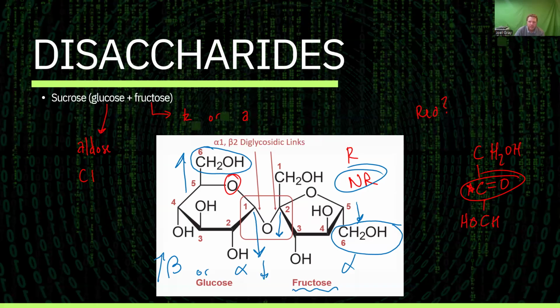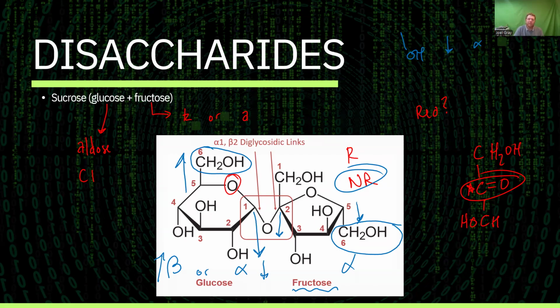what I'd like to clarify with respect to that, just to avoid any sort of confusion, is that 99 times out of 100, when you look at a sugar, you look at what direction the OH on the anomeric carbon is going. If it's going down, then it's an alpha sugar.